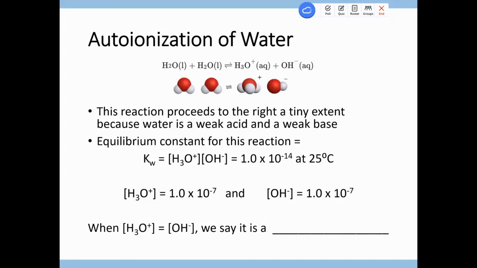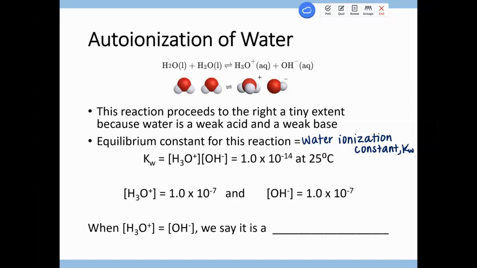At 25 degrees Celsius, for pure water without any acid or base present, it's always 1 times 10 to the negative 14. This value will become really useful when we are doing future calculations. This equilibrium constant is sometimes called the water ionization constant, Kw.